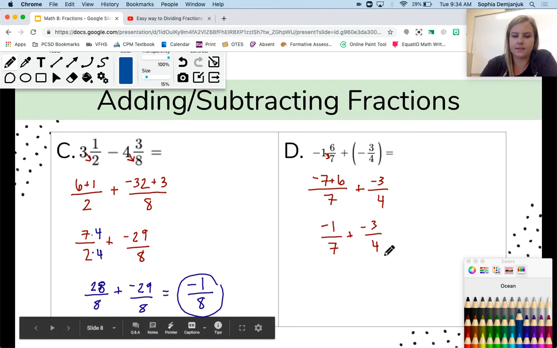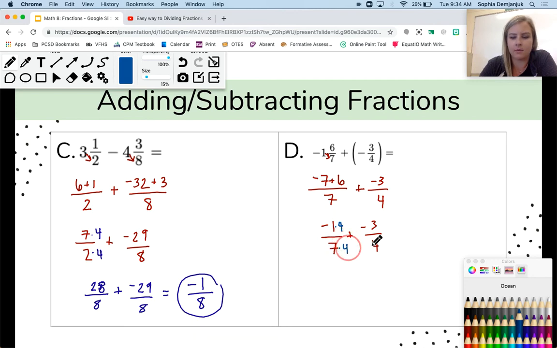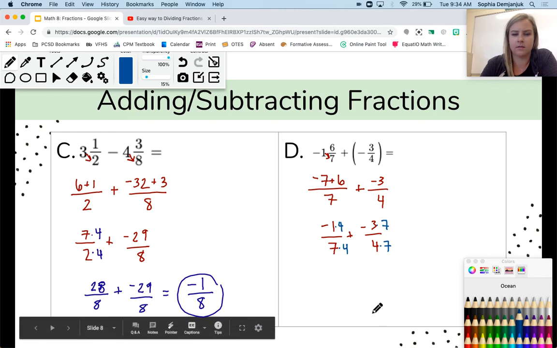When working with 7 and 4, their least common denominator is going to be 28, so I'm going to multiply the top and bottom by 4, this top and bottom by 7. First fraction, negative 1 times 4, leaves me with negative 4 over 28.